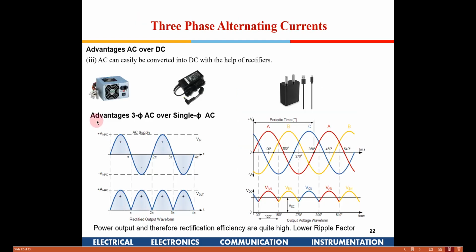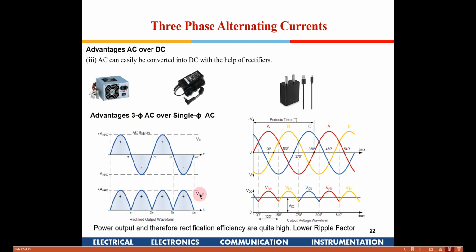Okay. And then we also discussed the advantages of AC over DC, that it is very easy to convert AC to DC by using rectifier circuits, right? Whereas to convert a DC to AC, it is difficult. Now coming over to 3-phase AC, it is even easier to convert it into DC. So if you see, this is a single wave rectifier, this is a single phase AC, you rectify it, you will get this kind of waveform.